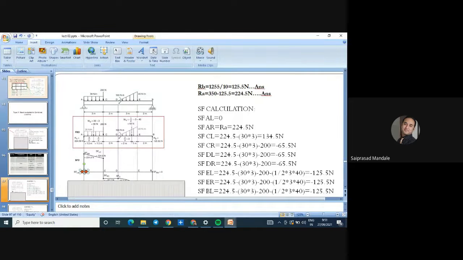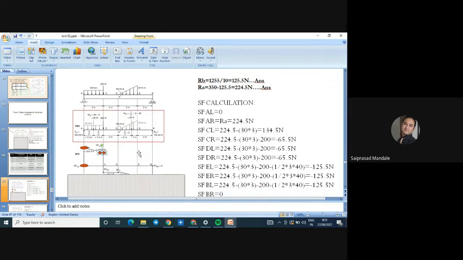Second point, copy paste, is somewhere here. Third point, left of C, is 134. Copy paste 134, here. Look at the difference: here it is 224, so 134 must be below the 224. Then right of C is minus 65.5. Here it is negative.